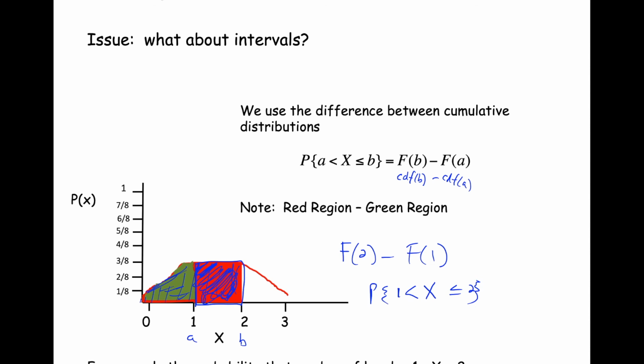Okay, and so now we have both the CDF, we have this difference that allows us to compute the complex events probability for arbitrary intervals for outcomes of our random variable.